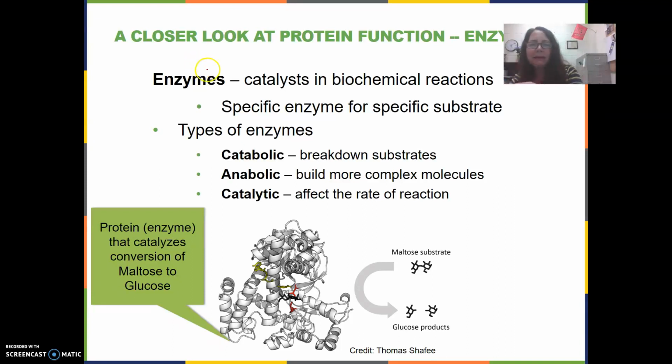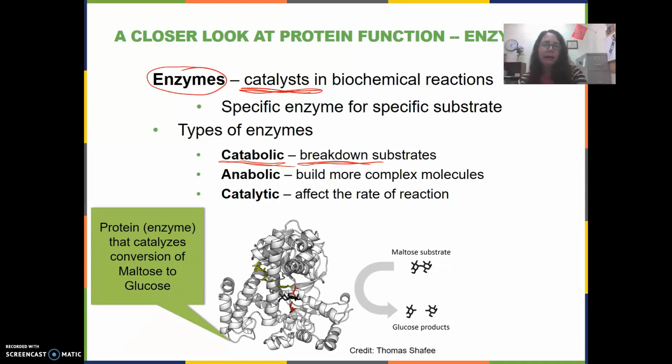Enzymes are catalysts. They are chemicals that speed up other chemical reactions, and they're always proteins. An enzyme is always a protein catalyst. Some enzymes function in catabolism. They're called catabolic enzymes because catabolism is the word for the breakdown reactions in the body, the hydrolysis reactions.